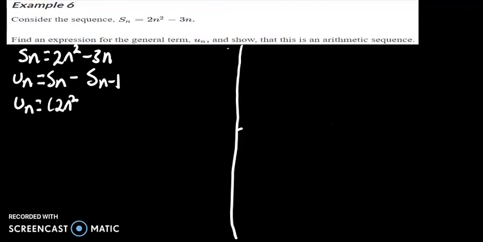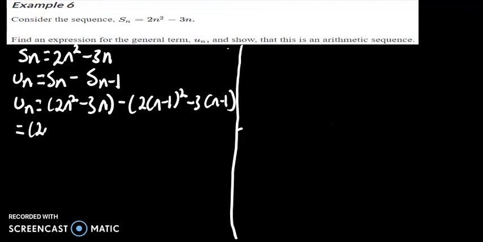2n squared minus 3n minus (2 times (n minus 1) squared minus 3 times (n minus 1)). So 2n squared minus 3n minus 2 times (n squared minus 2n plus 1).